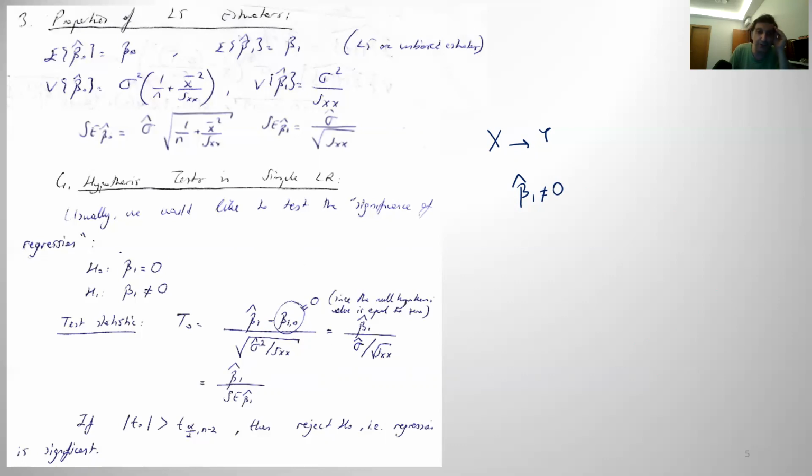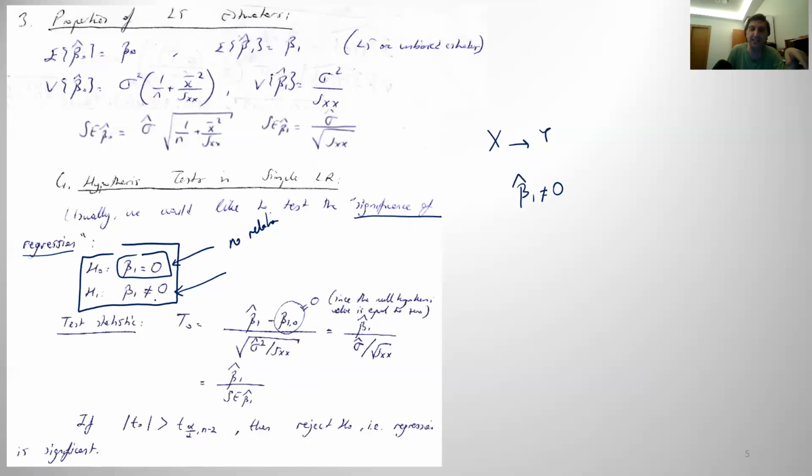To be able to test this, the test is called the significance of regression test. Beta 1 equal to 0 corresponds to no relation, meaning the regression is not significant. On the other hand, the alternative hypothesis refers to a relation between x and y.